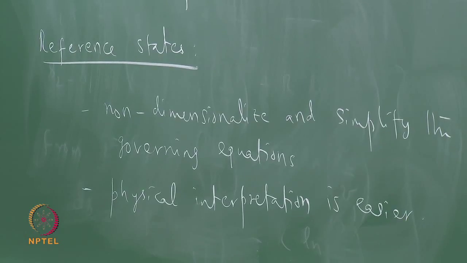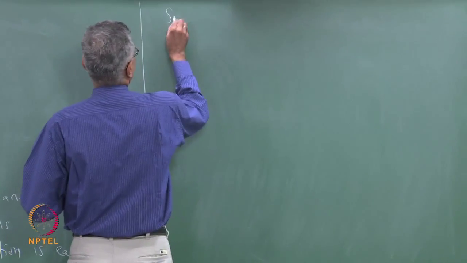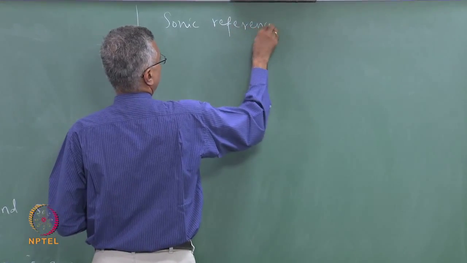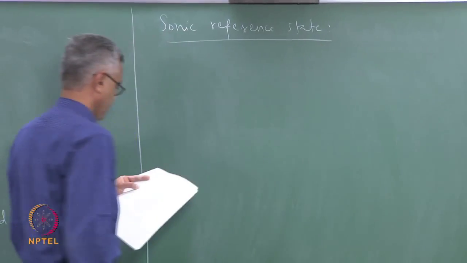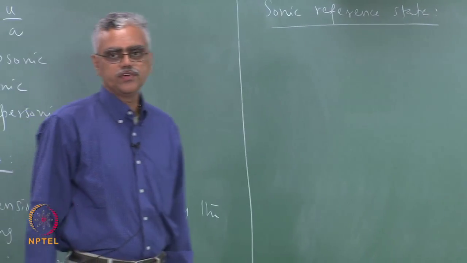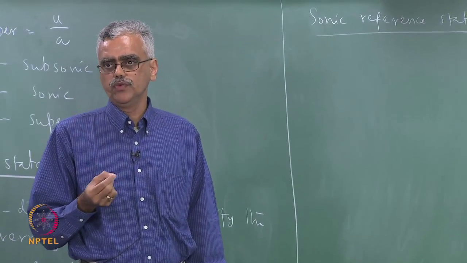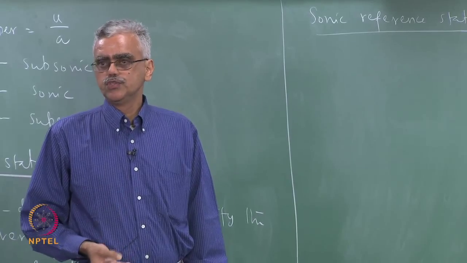The first one is the so called sonic reference state. Now, the sonic reference state, as the name itself suggests, is a point in the flow field where the local flow velocity becomes equal to the speed of sound, right.